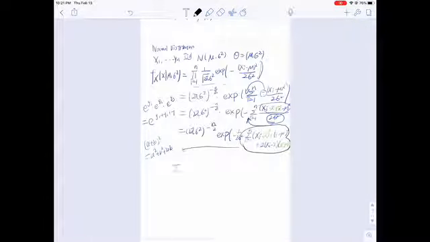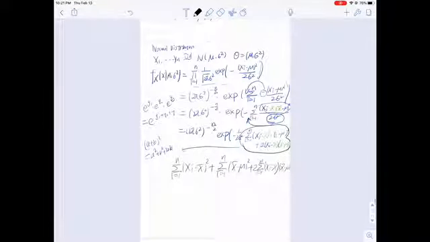Take a closer look at this summation. This is equal to the sum from 1 to n of (xi minus x bar) squared, plus the sum from 1 to n of (x bar minus mu) squared, plus 2 times the sum from 1 to n of (xi minus x bar) times (x bar minus mu). The first thing you should notice is that this term has no i involved, so this is equivalent to n times (x bar minus mu) squared.